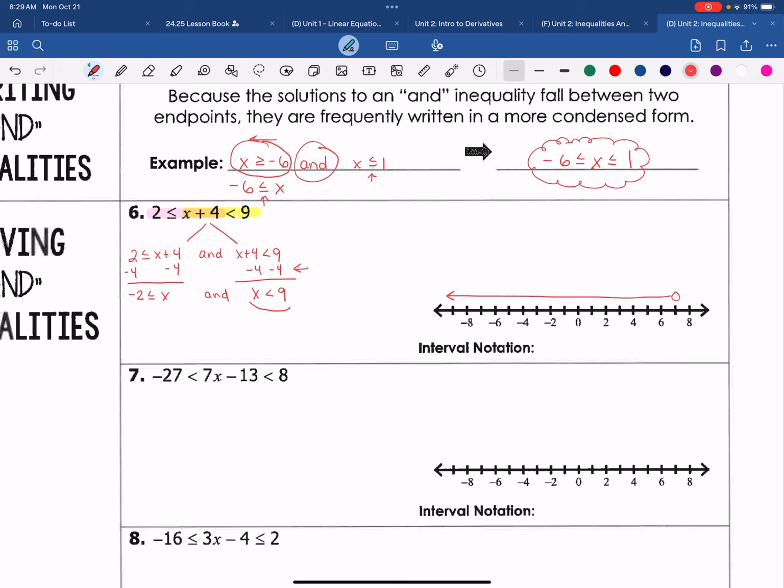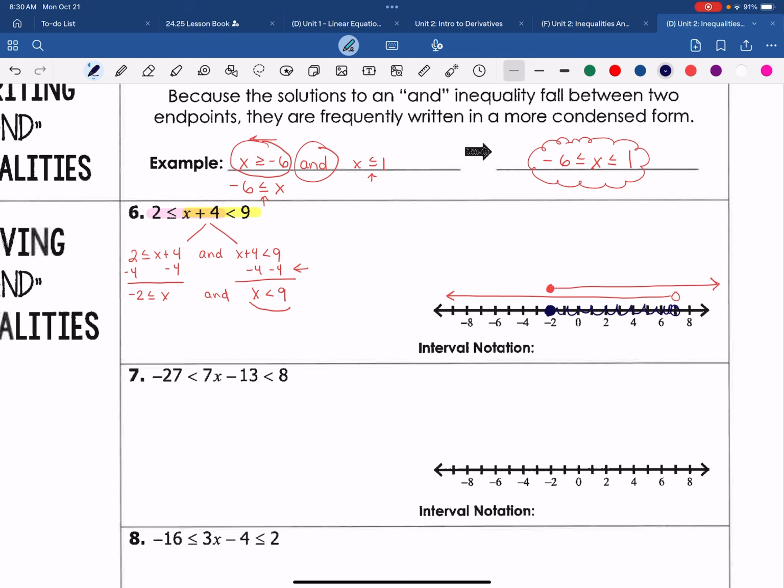Now this says -2 is less than or equal to all my other values, so all my other values are greater than or equal to -2. My actual solution here is going to be a closed circle on -2, an open circle on 9, and then I'm filling in everything in between.